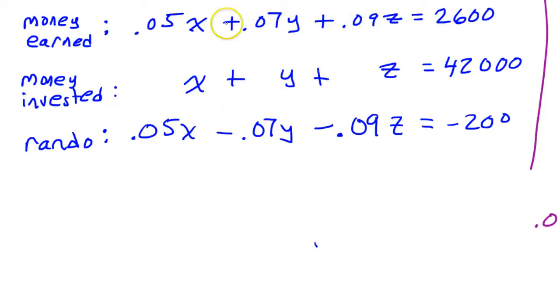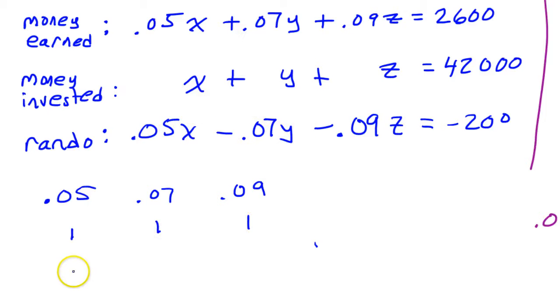So looking at the coefficients on the left-hand side, we can build a matrix equation by doing 0.05 and 0.07 and 0.09. That's the first row. And then looking at the second equation, the coefficients are 1, 1, 1.